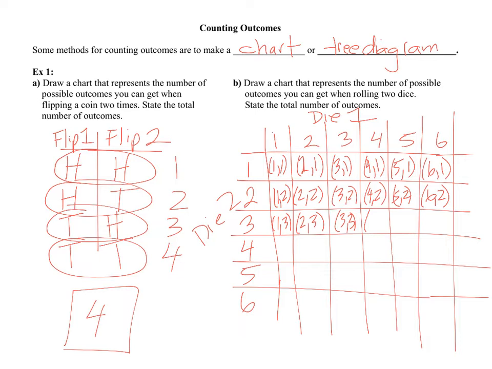We are constructing all the different possibilities with this chart. You can fast forward a little bit if you need to. I'm going to just keep writing them out in case you have a difficult time seeing how to construct each box.